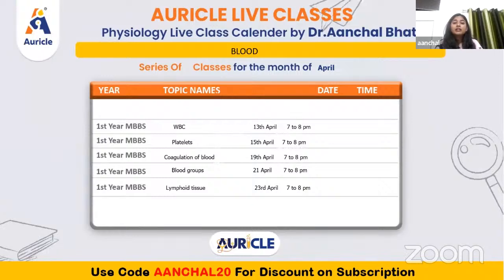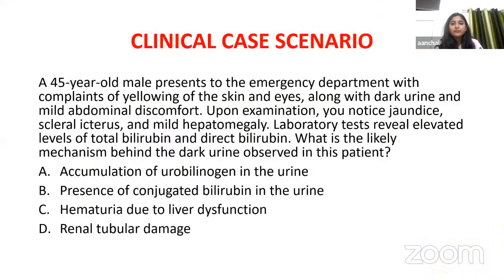So as we have started the series, these are the various sessions that are going to occur in the month of April. Before proceeding, let's start with a clinical case scenario of a 45-year-old male who presents to the emergency department with a complaint of yellowing of the skin.